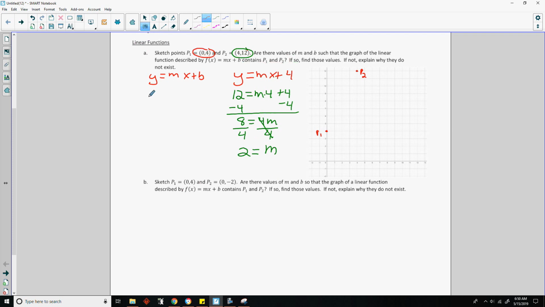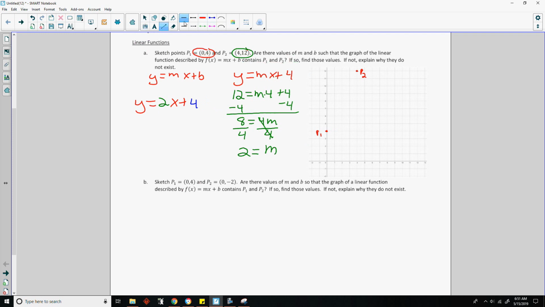So now I have the equation y equals 2x plus b, which was 4. So y equals 2x plus 4 is my equation.